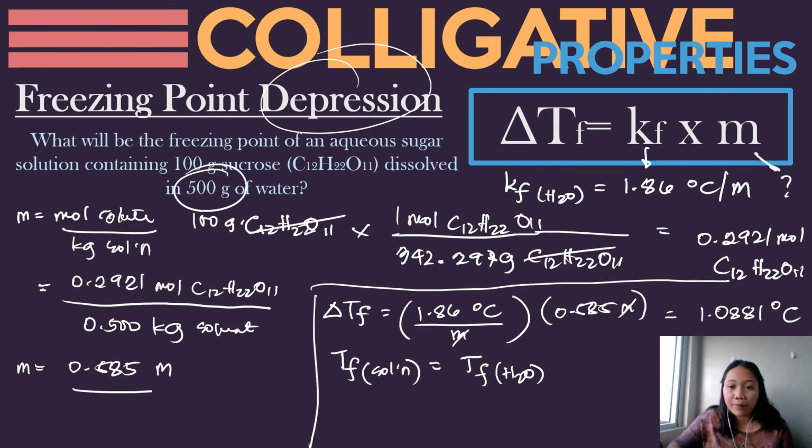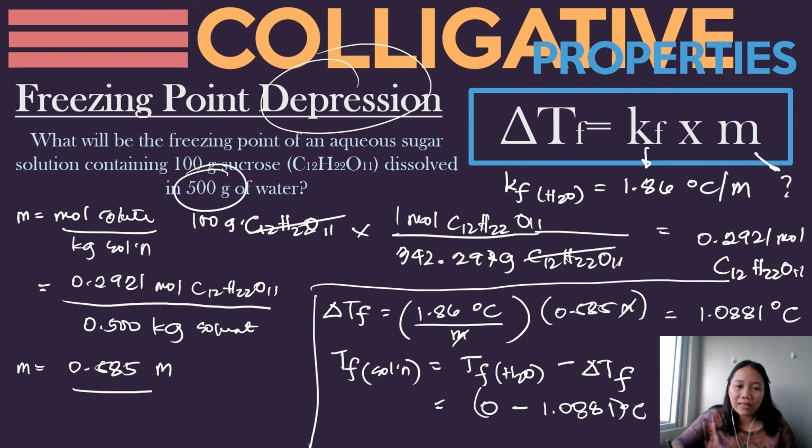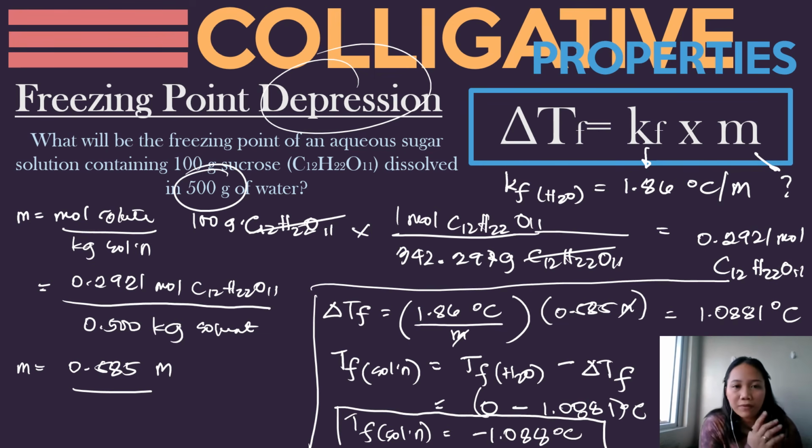Then of course, dahil depression siya, may pagbaba, ima-minus natin siya doon sa change of your T sub F. So that would be 0 minus 1.088 degrees Celsius. Then you will get a T sub F of your solution, which is negative 1.088 degrees Celsius. So box your final answer because that is now the freezing point of an aqueous sugar solution.